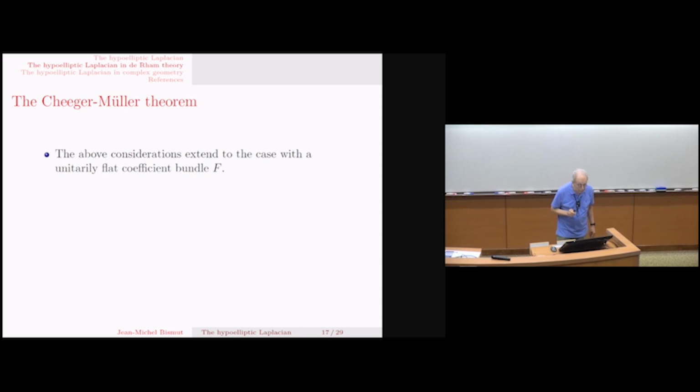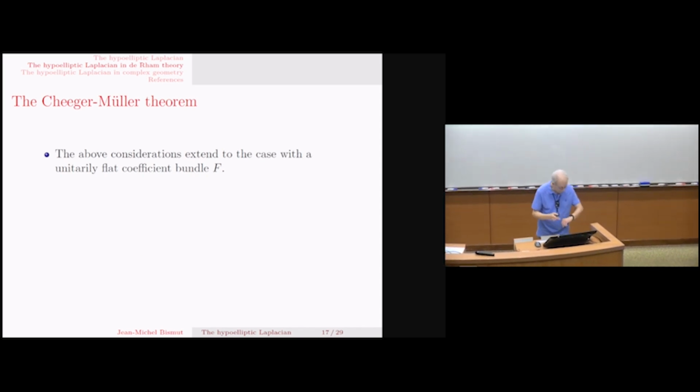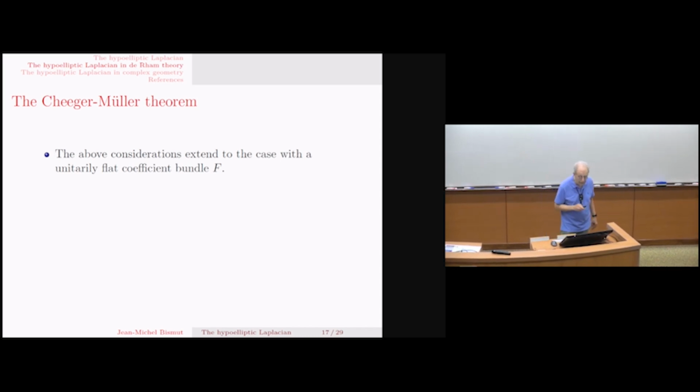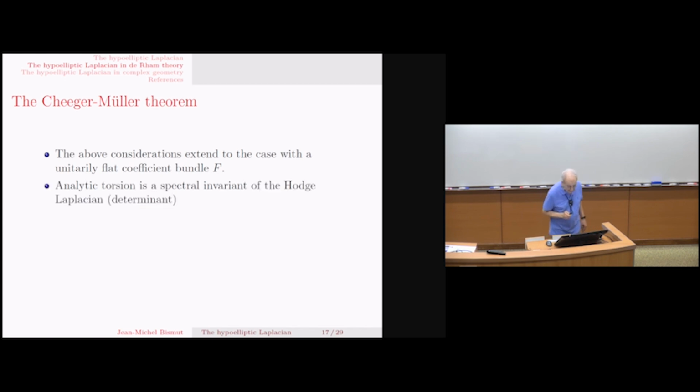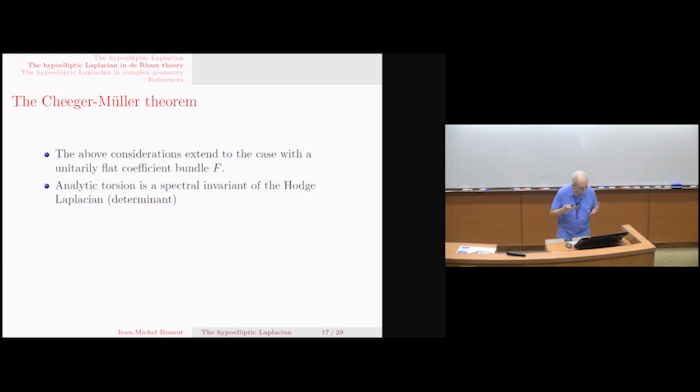So let me briefly explain applications of this theory, first of all, in the context of de Rham theory. Let me just remind you very briefly of the Cheeger-Müller theorem. Analytic torsion is a spectral invariant of the classical Hodge Laplacian.